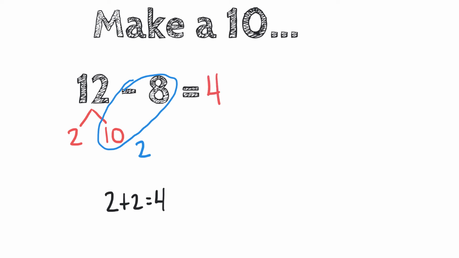So it's going to be the same answer. On this one, we made a 10, and we subtracted 8 from the 10, and we knew instantly, oh yeah, I only need 2 more to make 10 when I have an 8. So I knew 10 minus 8 is 2, and I have 2 left over, and 2 plus 2 is 4. So it's the same answer, and I have 4 when I use my making a 10 method.